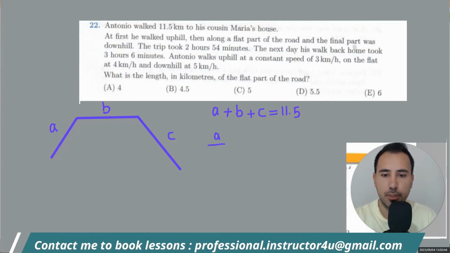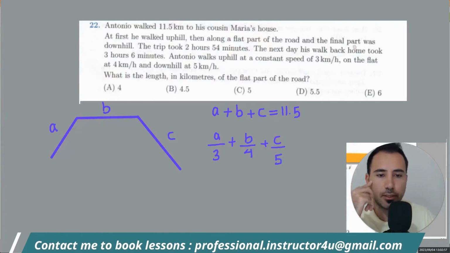So it's going to be A over 3, very slow. And then the B part with the speed of 4. And then the C part with the speed of 5 because it's downhill. When he does so, it's going to take 2 hours and 54 minutes.